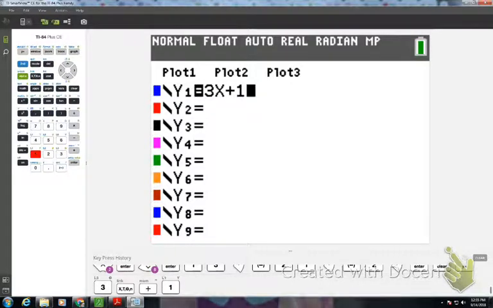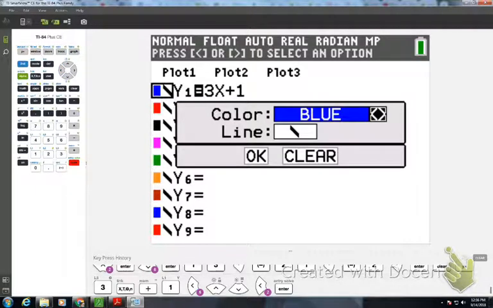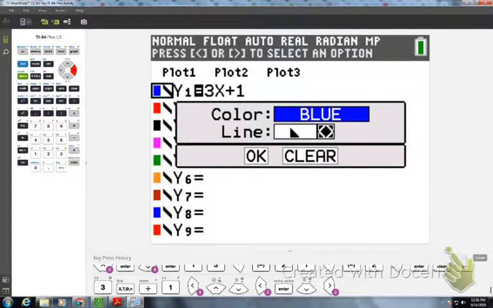And because we have a less than symbol, we want to cursor over here to the far left, and we're going to tell the calculator to shade below the line. So you want this indicator to shade below that line since we have a less than symbol.